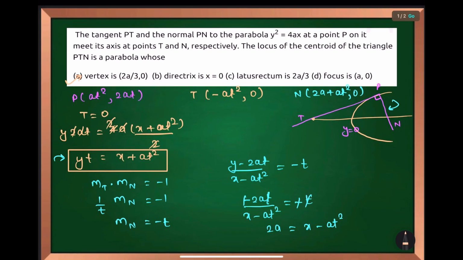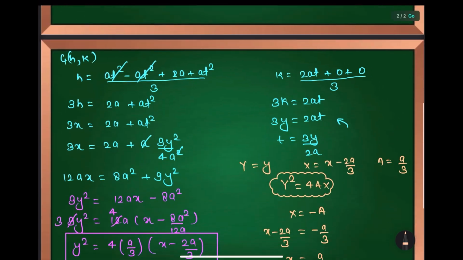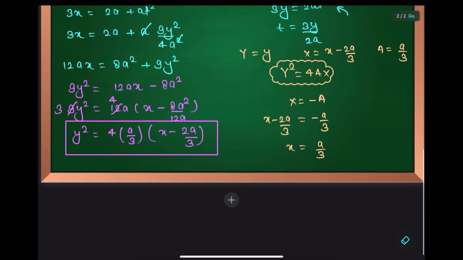Now they are interested in finding the latus rectum, meaning the length of the latus rectum. Okay, so I'll find the length of the latus rectum, LR. If you don't remember, just substitute. It is y square equals 4ax, we will substitute, correct? Since it's on the focus, x will be a, correct?